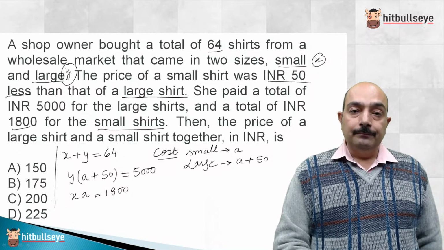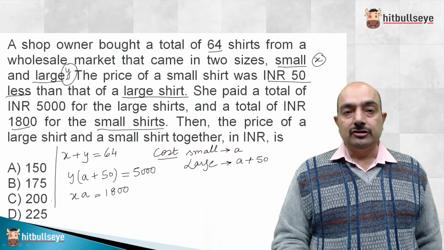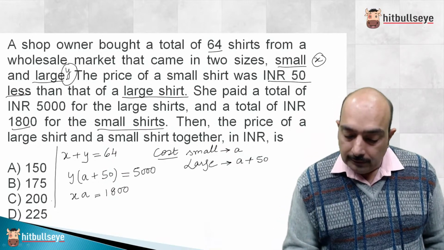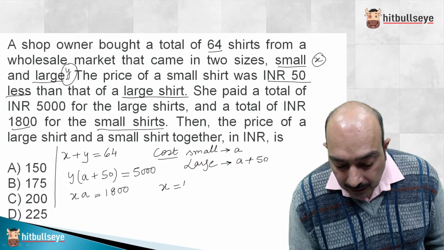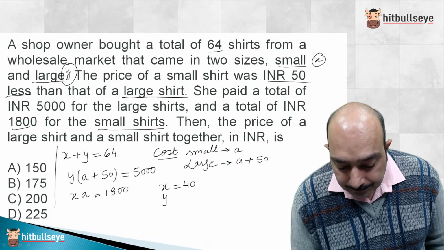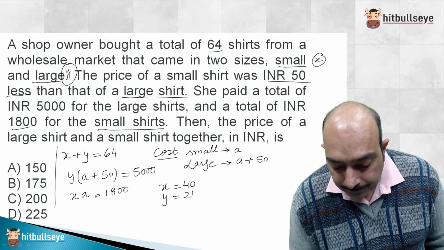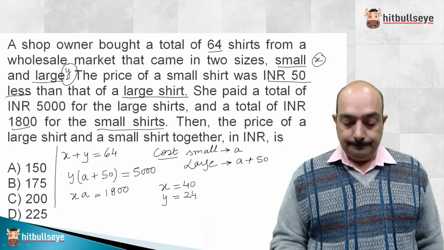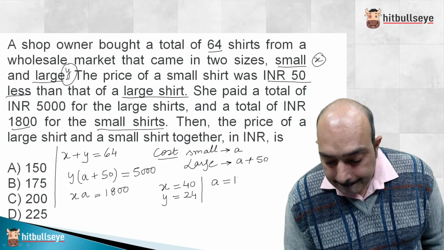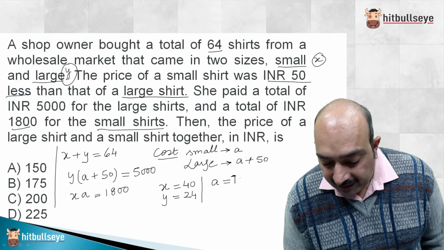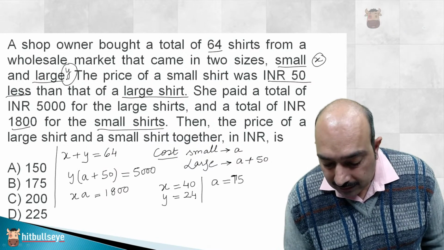Just put Y in terms of X and solve it. X comes out as 40, Y comes out as 24, and A comes out 75. Please check your calculations, everyone.